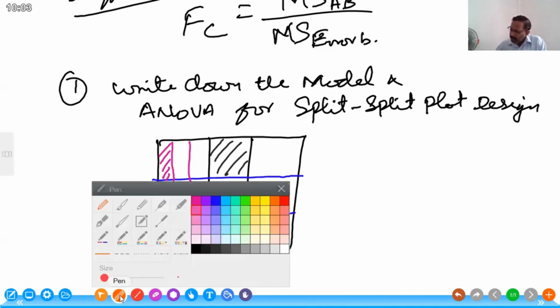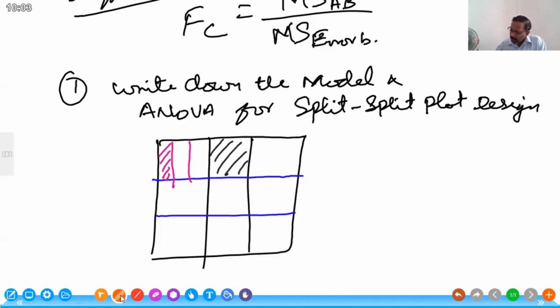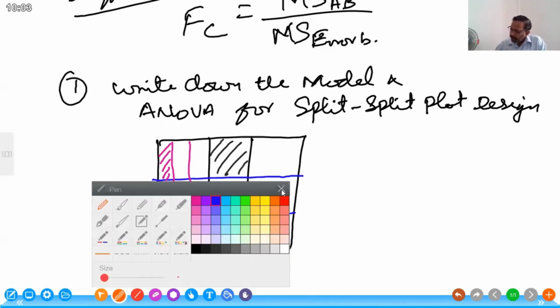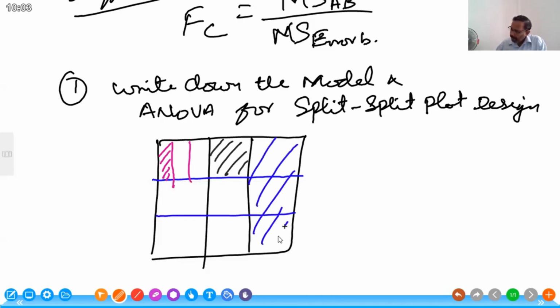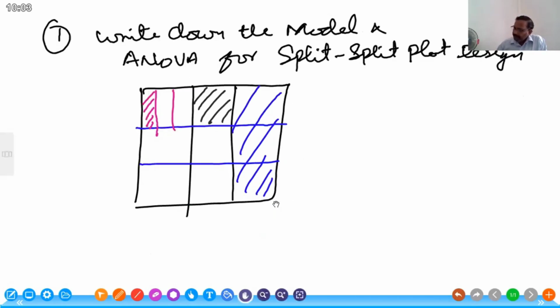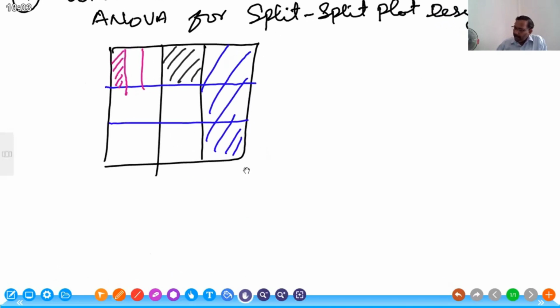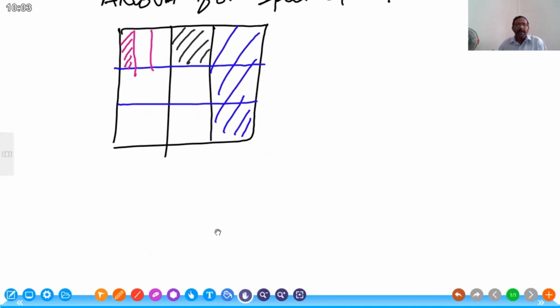The third plot size is, for example, this one. I have used a different color, doesn't matter. So the blue color is the main plot, the black color is the sub-subplot, the pink color is the subplot. So this is called a split plot design. We'll have to give the model and the ANOVA.